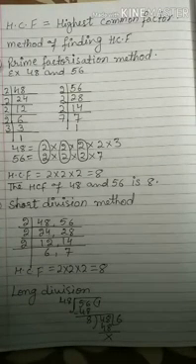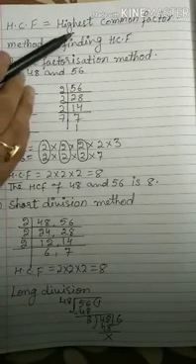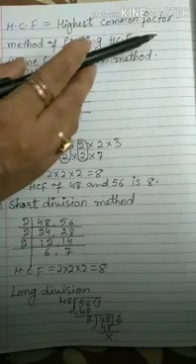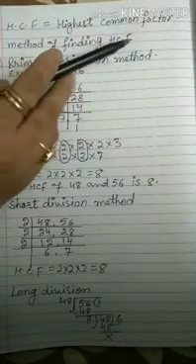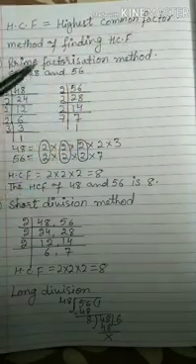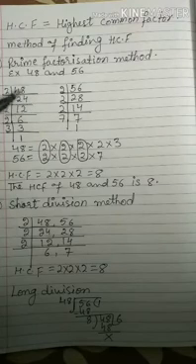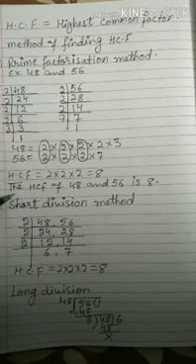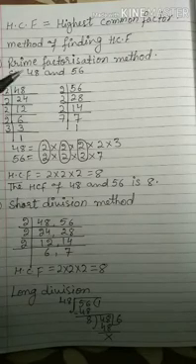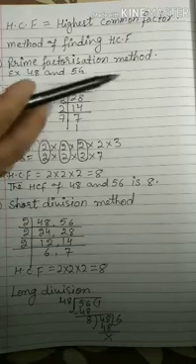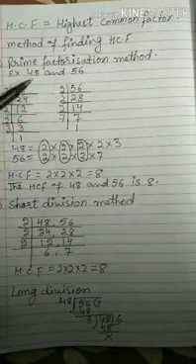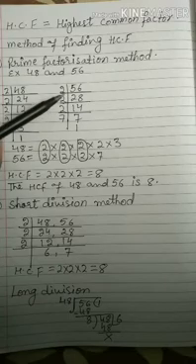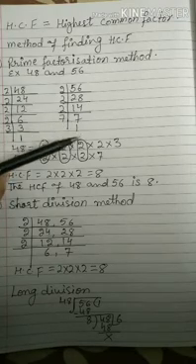Let's continue with HCF, the highest common factor. We can find HCF by 3 methods: first, the prime factorization method; then the short division method and the long division method. In the prime factorization method, we have to find the factors of 48, then the factors of 56.